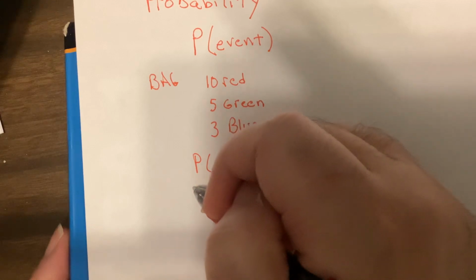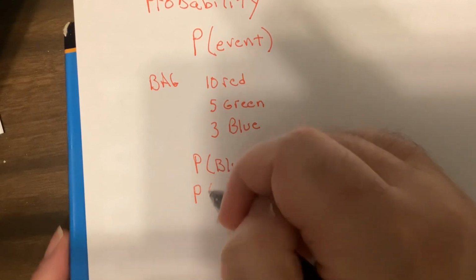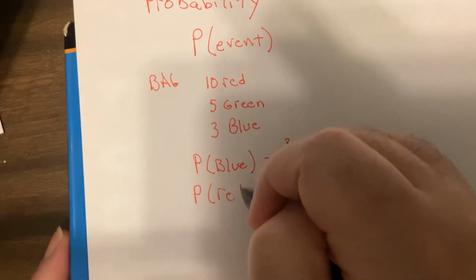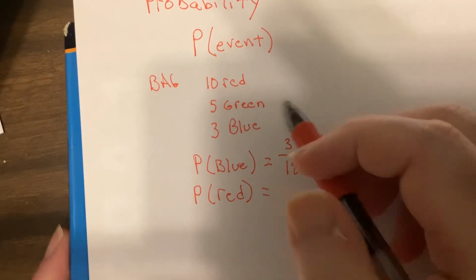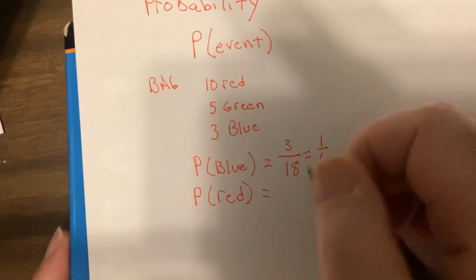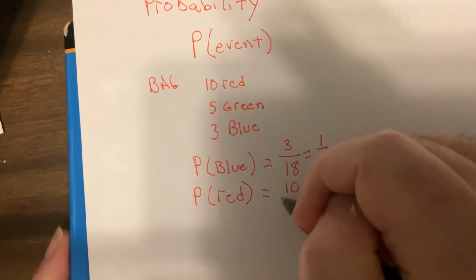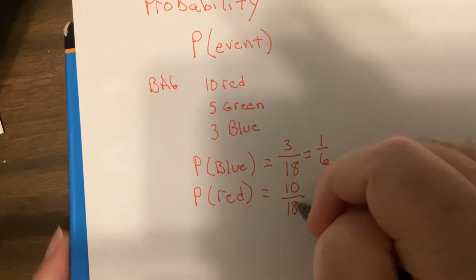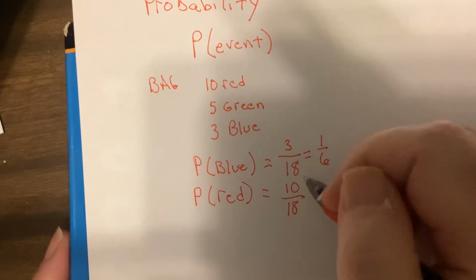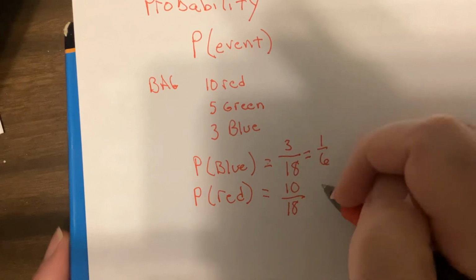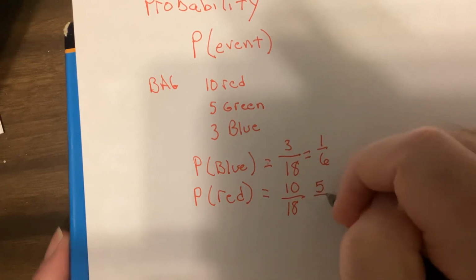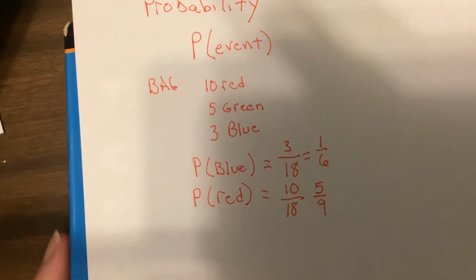So if I said, what's the probability you pull out a red marble? You would say, okay, there's 10 red divided by 18 marbles. So we'd reduce that. 2 goes into both. So that would be 5 out of 9 draws of marbles.